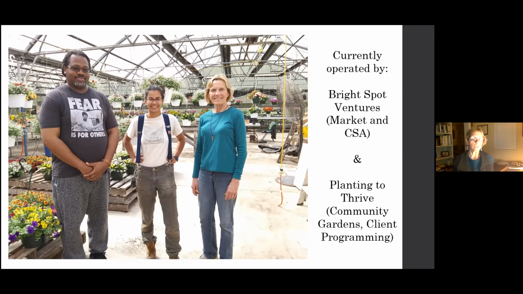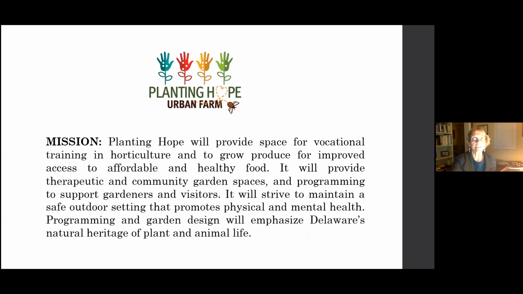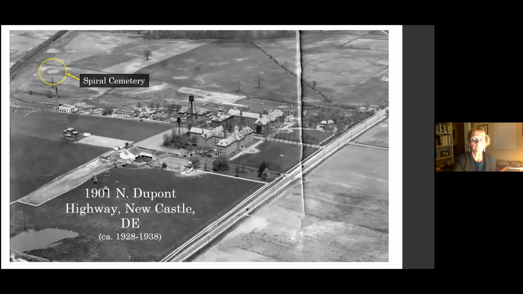He manages the community gardens, and he and his wife, who are both peer support specialists, work on the programming with the Delaware Psychiatric Center. And so in the process of transition, we're developing a new mission, but that's basically what Planting Hope is all about. So back to the spiral cemetery.